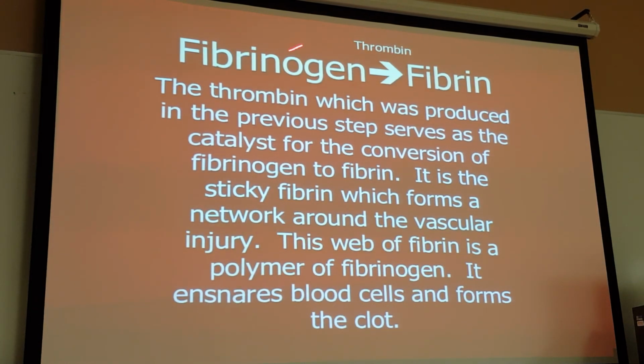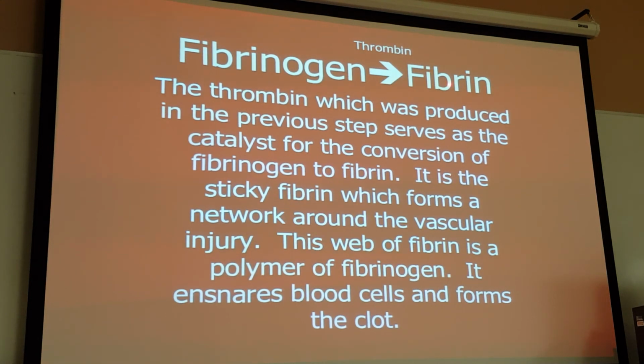catalyzes the conversion of fibrinogen to fibrin. Fibrinogen is always in the blood. It's an inactive protein. It's this that's not always in the blood. And when the fibrinogen sees thrombin, the thrombin causes it to polymerize just like a bunch of cars forming a choo-choo train.